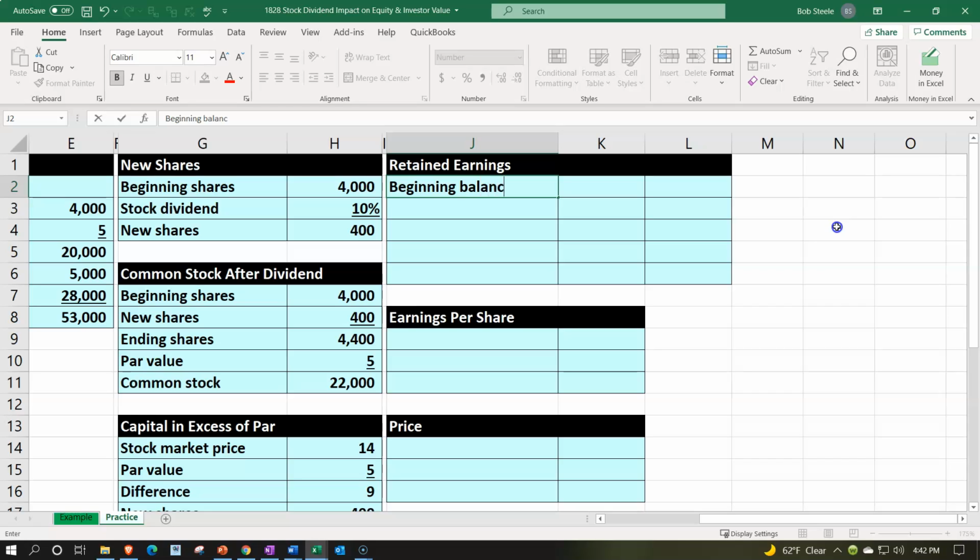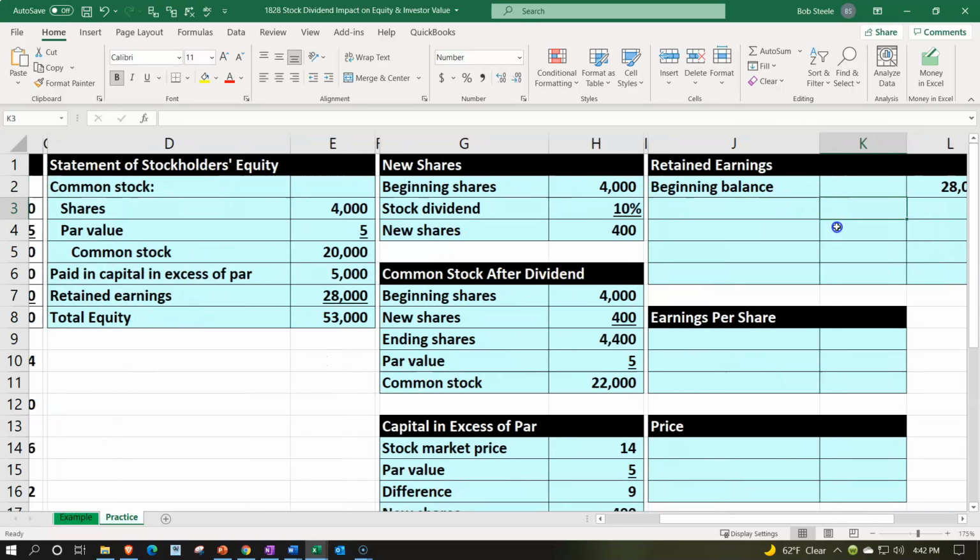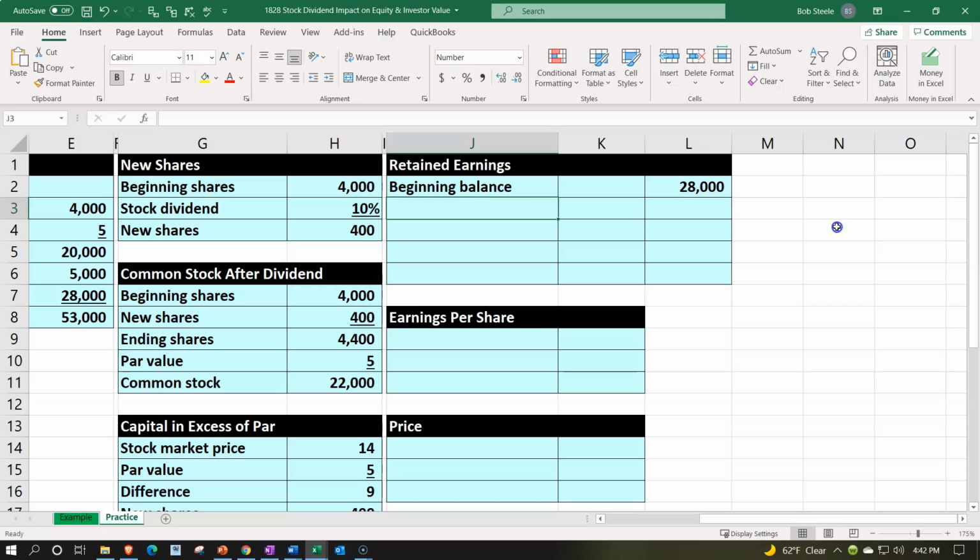In the beginning, retained earnings started with $28,000. And then we had new shares from the 10% stock dividend, new shares of $400.